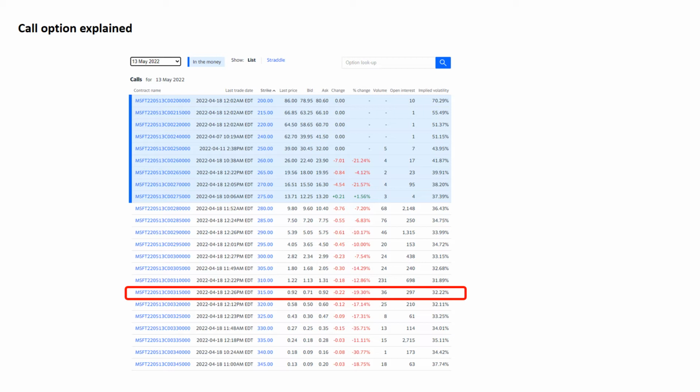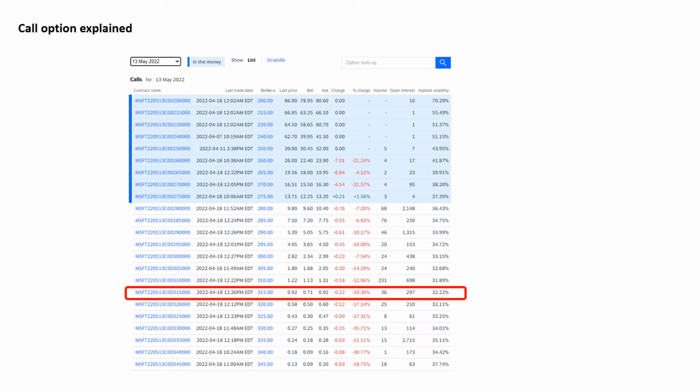Now, what could happen here? On the 13th of May 2022, if the price of Microsoft is $315 or above, the person who bought your call contract has the right to buy Microsoft from you, all 100 units that you own, at $315.